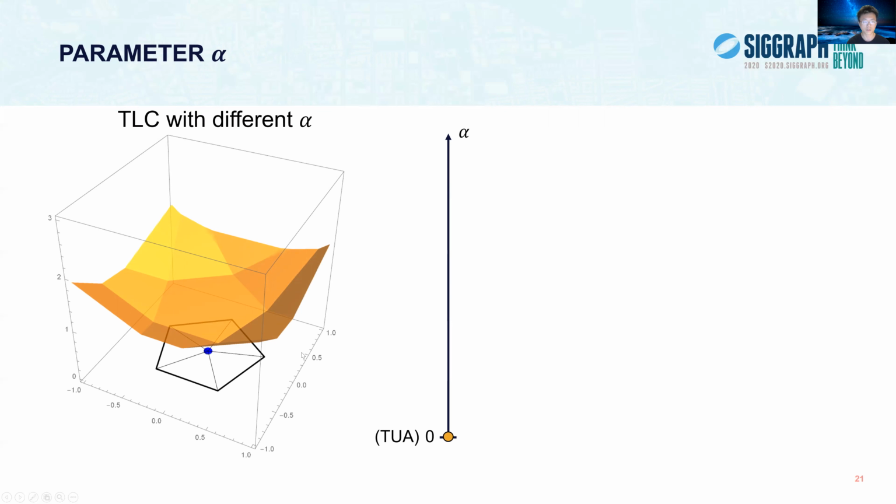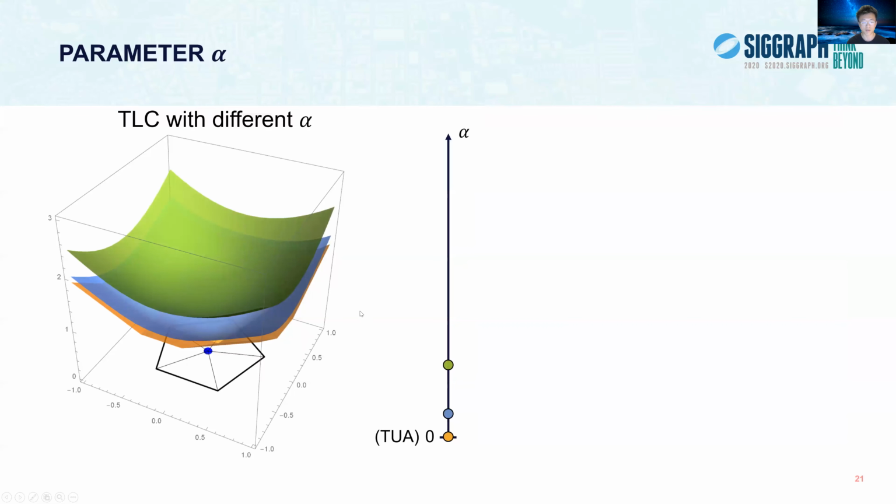So when alpha equals 0, TLC energy will be the same as the total unsigned area. However, if we make alpha slightly larger, the TLC energy will be smooth, but still preserve the general shape of the total unsigned area. When we make alpha larger and larger, we get smoother and smoother energy.